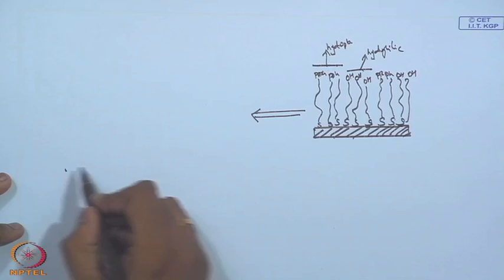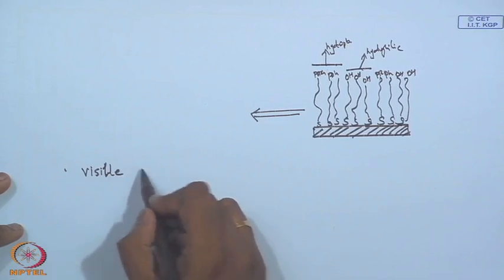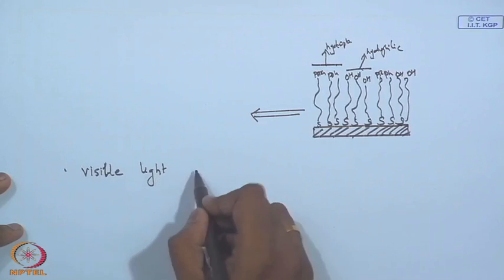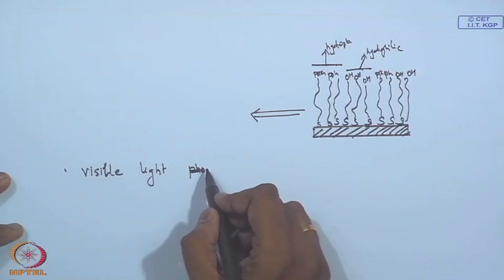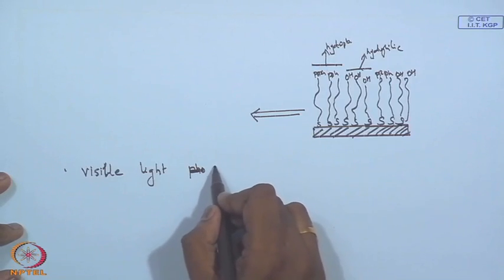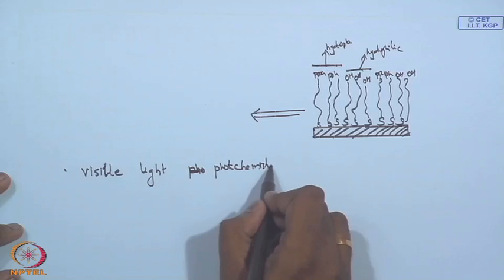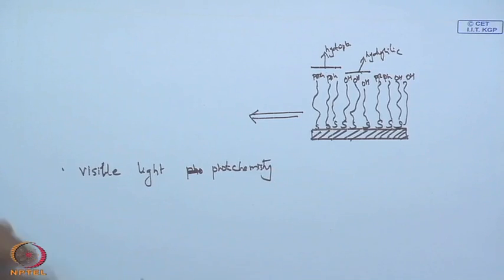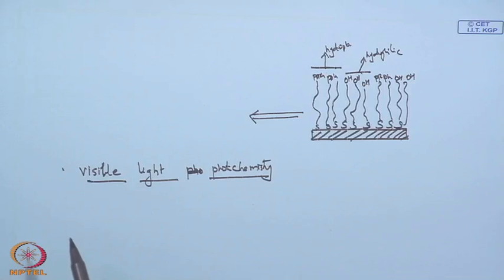Another new area which has been started is visible light photochemistry, using just visible light. Just your ordinary light, people have started doing chemistry using ruthenium complexes.